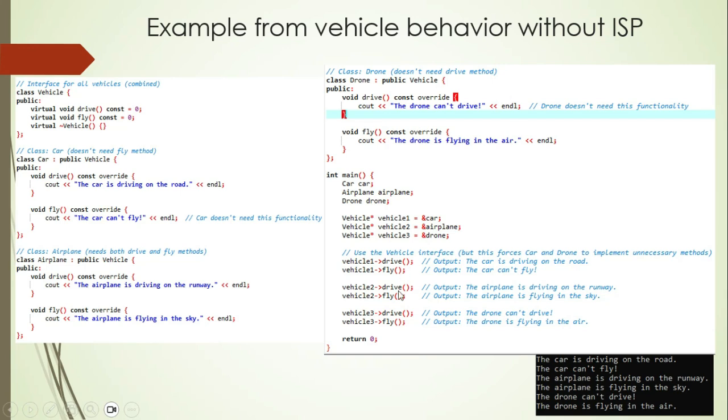Similarly, vehicle2 and vehicle3, all these pointers access the methods of these three objects. So the result is the same, but here ISP is not followed, and we have unnecessary implementation of the methods in the derived classes. So it is better to convert it to ISP so that we can achieve the benefits.